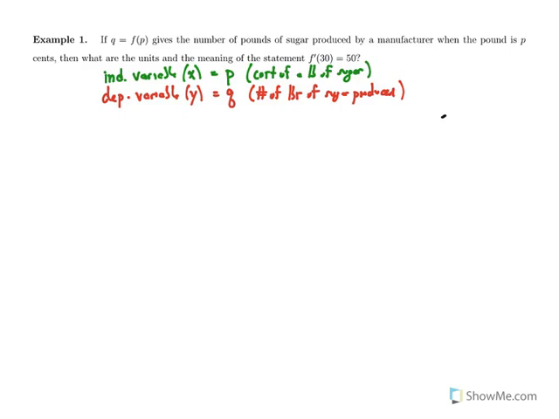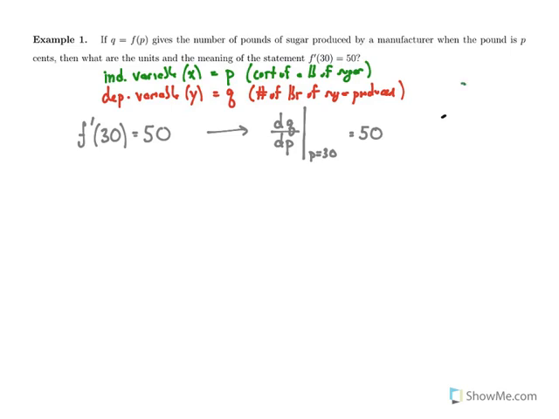So we are looking for F prime of 30 equals 50. And it might help to write this in Leibniz notation to say that dQ/dP evaluated at P equals 30 is going to equal 50.